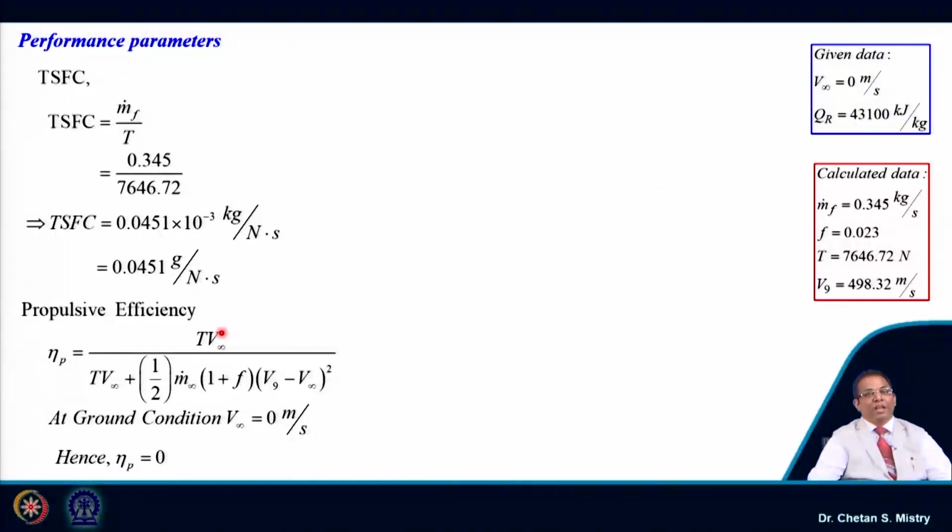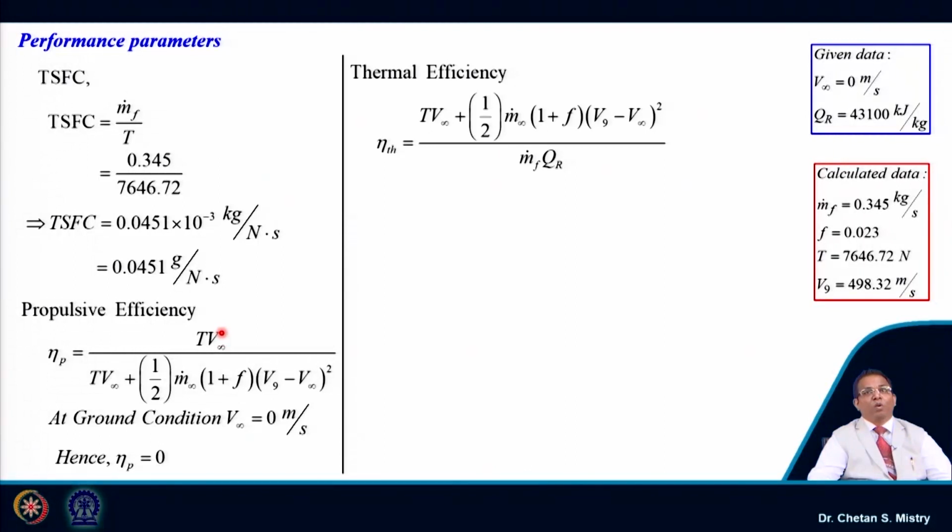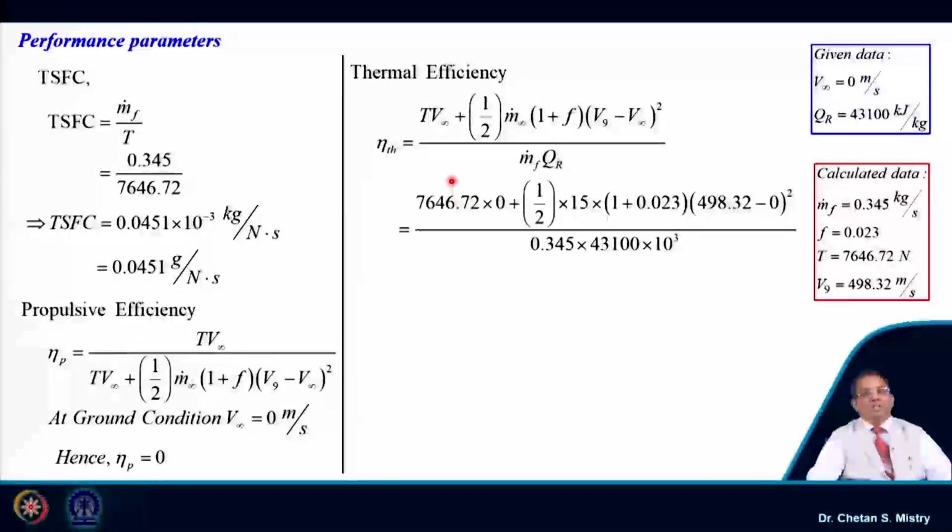Okay. Now, we can calculate our thermal efficiency. For this thermal efficiency, here in this case we can say my V infinity term is coming to be 0. Other than that, all the parameters are known to us. So, if we put all these numbers, it says my thermal efficiency is coming to be 12.8%.